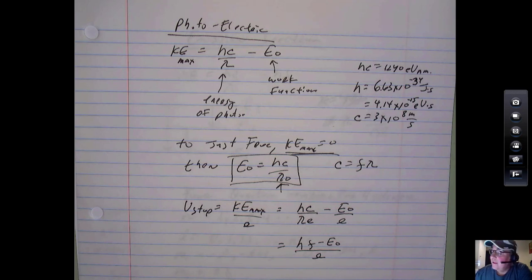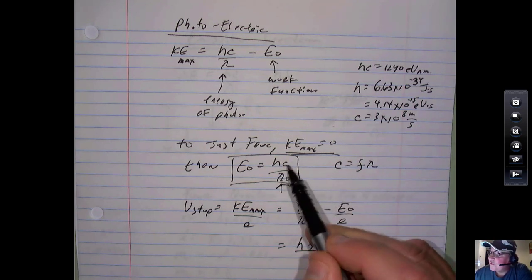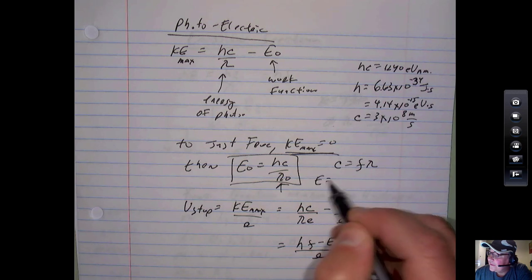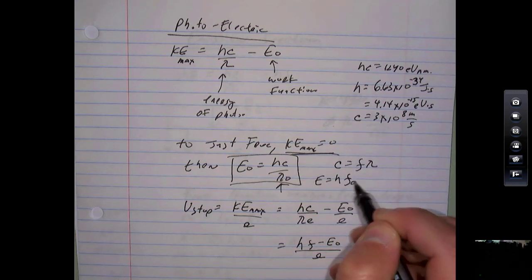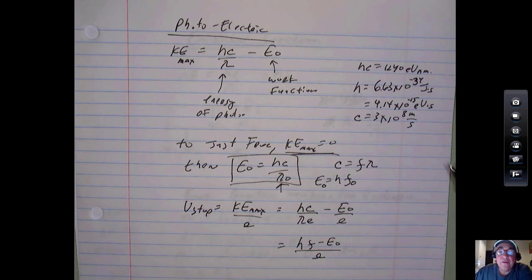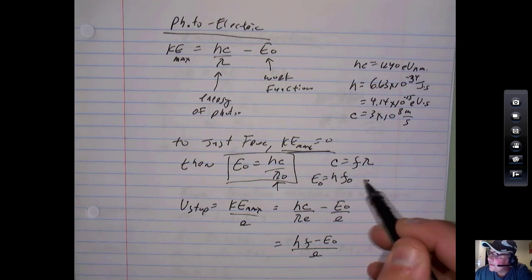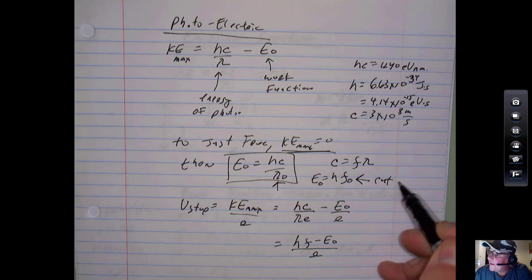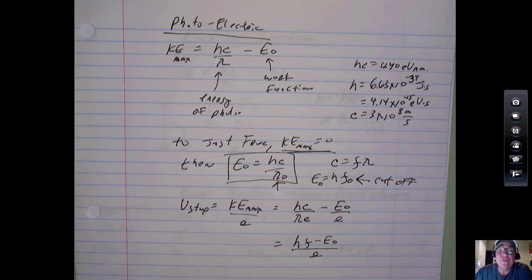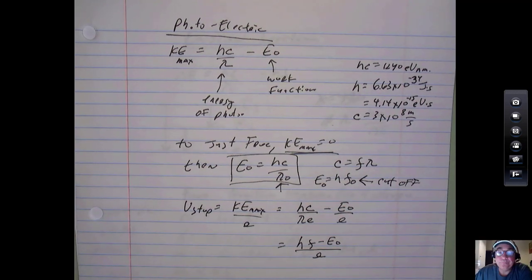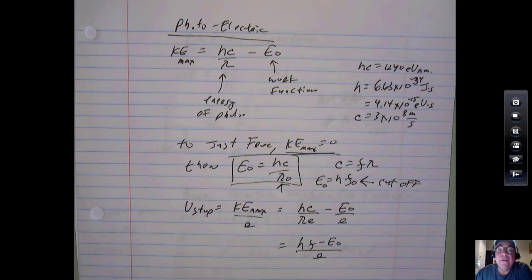Okay? This formula is written in terms of the wavelength. Don't forget, you could do it like this too, in terms of the frequency. So work function is h times the cutoff frequency, and that's the lowest possible frequency that this thing will work. Think back to the experiment too.